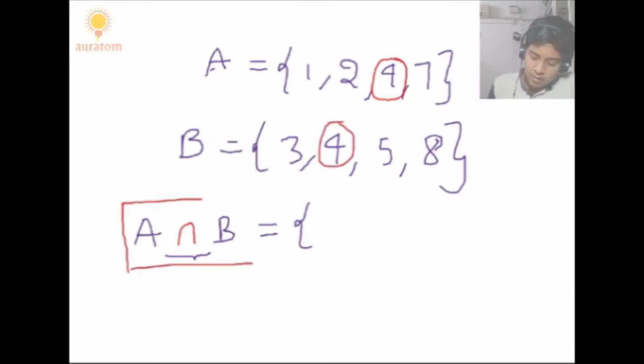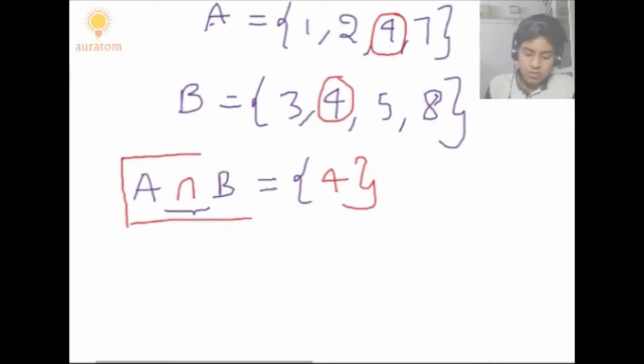So it contains the element 4. This is the intersection operation. All it does is it creates a new set which has the elements which are common to A and B.